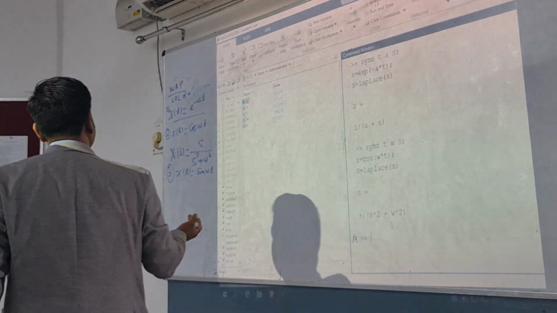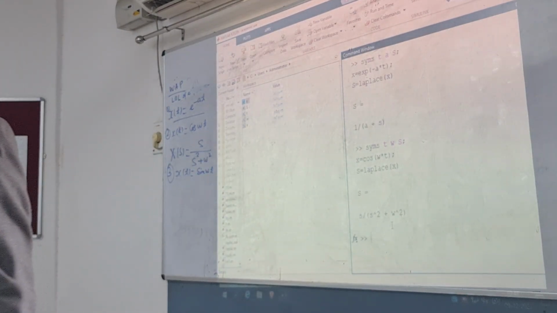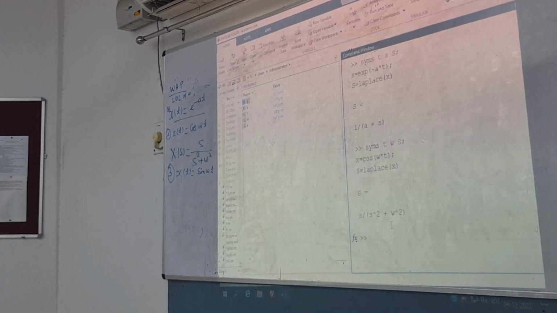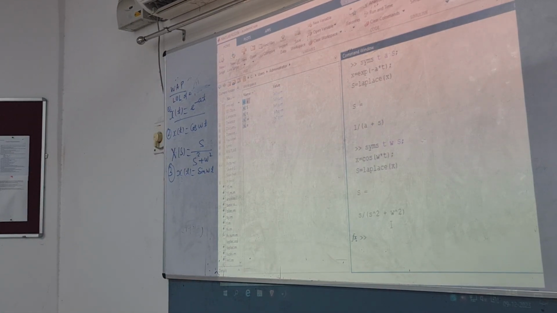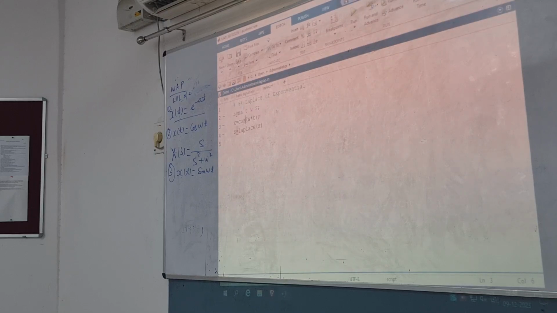Then cross-check this result. You add the input variables and input syntax, write sine instead of the cosine function, change the input command to sin, and then put the Laplace transform.